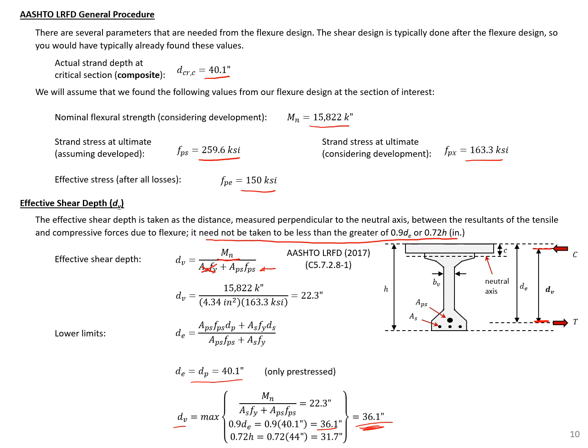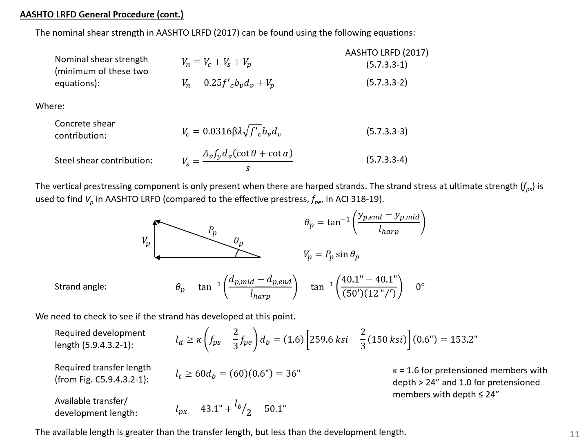So this is the value that we're going to use to find our concrete shear contribution, and also we'll use it to find our required steel. So just to highlight, ACI adds the V sub p component, or the vertical pre-stressing component, in with Vc.